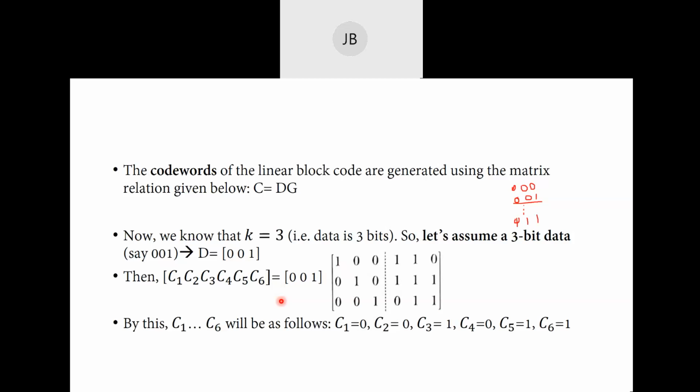In this way we find the bits of the code sequence or code word for this particular data. But we can have many data sequences. For those data sequences, we get different code words. But in this case, we have just considered one. We can extend that. We can compute the same for different data bit sequences, and we can determine what are the different code words we would generate.